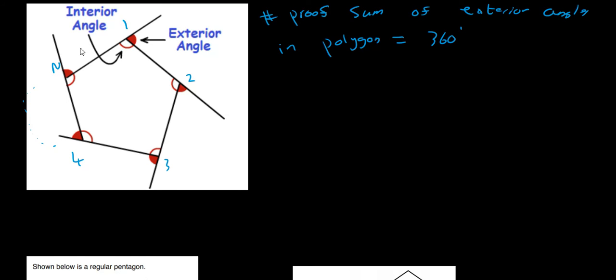Okay, so we've got sum of exterior angles is equal to 360. Okay, so let's start this off. So we've got 180 multiplied by n straight lines.